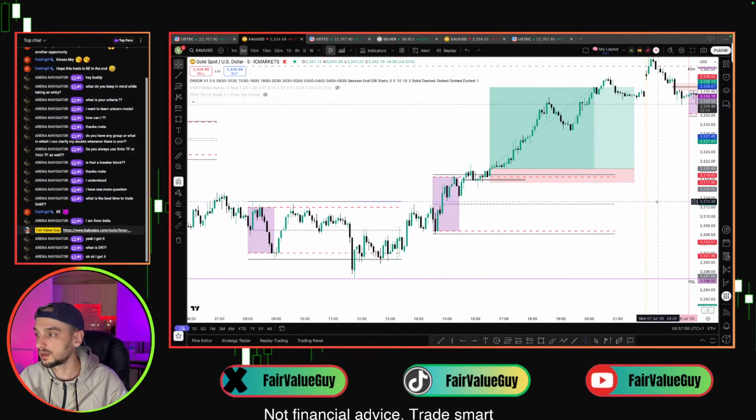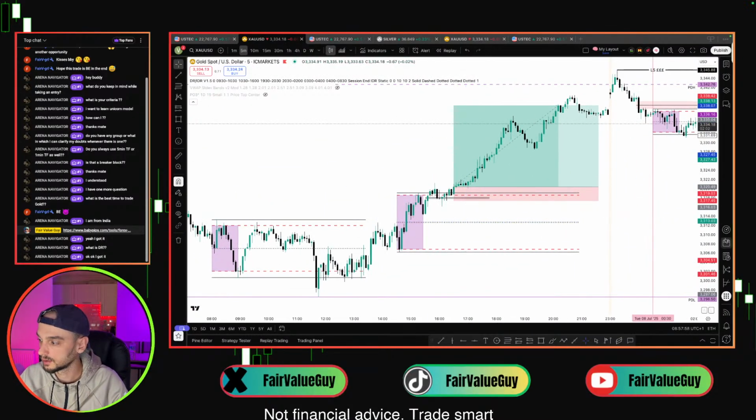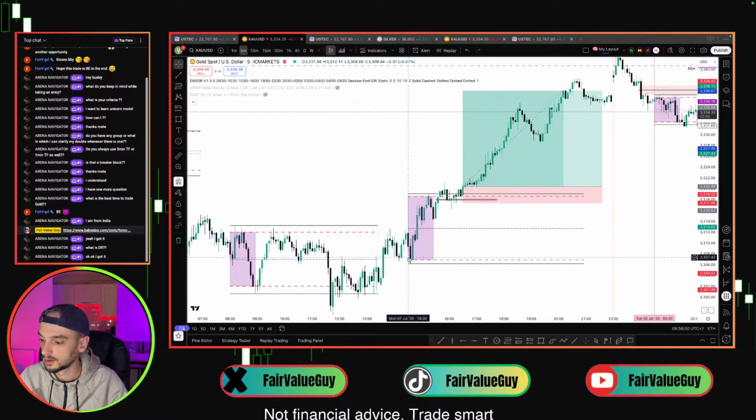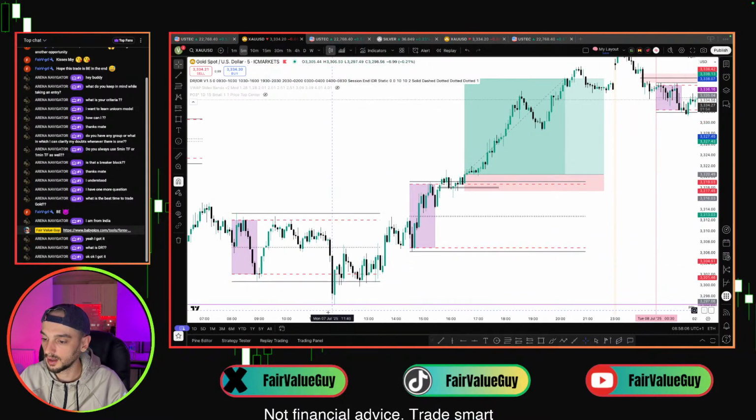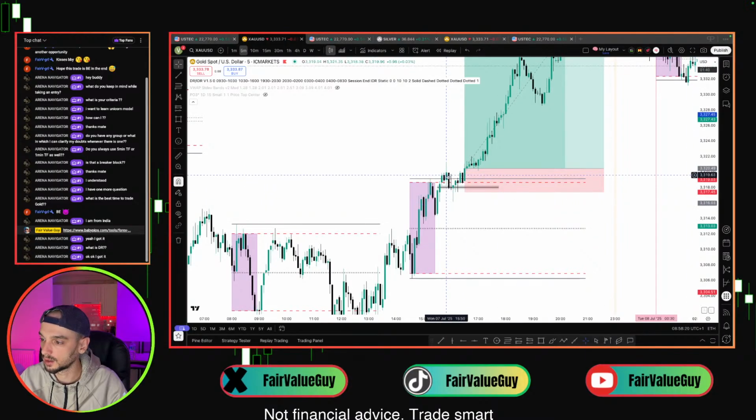So yesterday I took this trade during London. We were trending down, down, down. We made SMT right here with those lows with silver. So I was looking for longs on gold all the time, and I saw this opportunity here where we had a candle breaking above, but it was with a big wick, so I didn't enter.